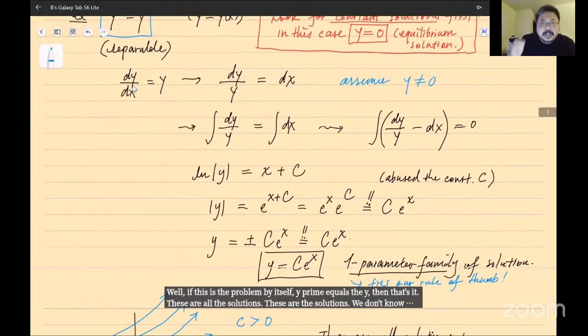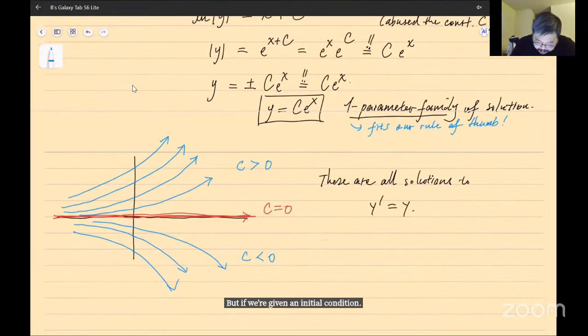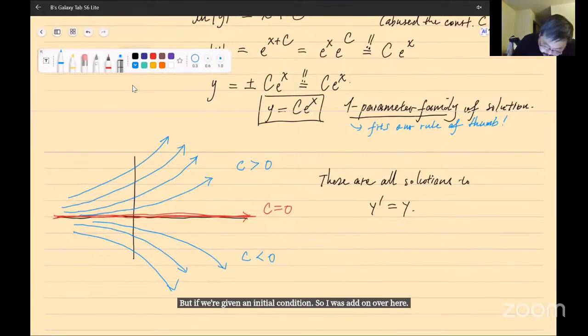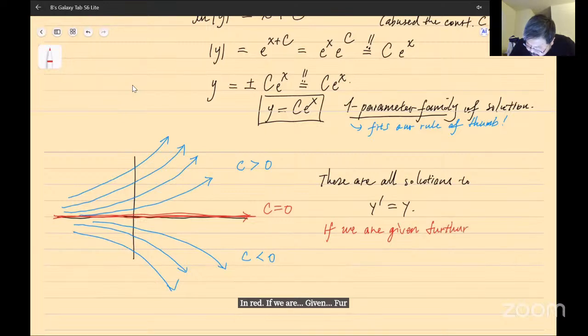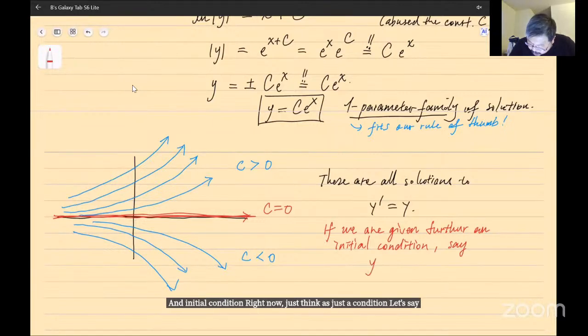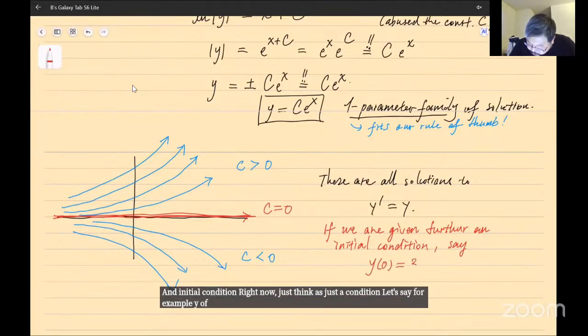But if we're given further an initial condition, right now just think of it as just a condition. Let's say, for example, y of 0 is equal to 3, then we can pick out from this family of solutions which one is the one that we're looking for. Does that make sense? Right?